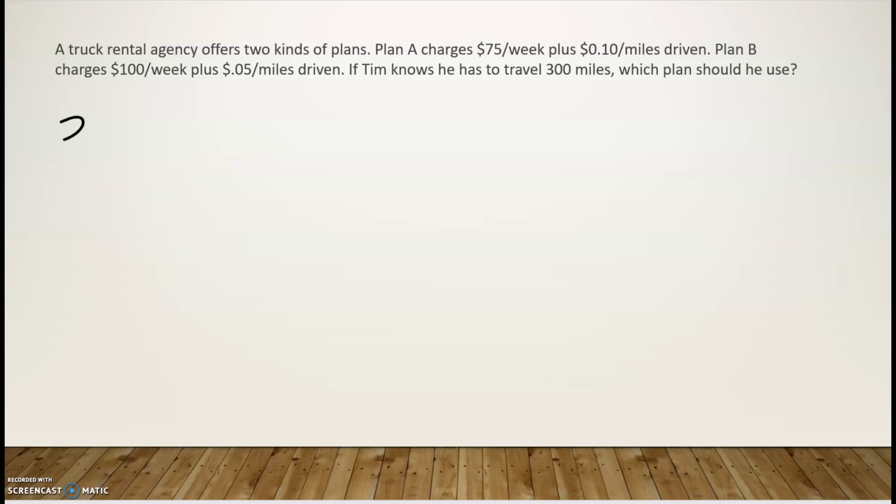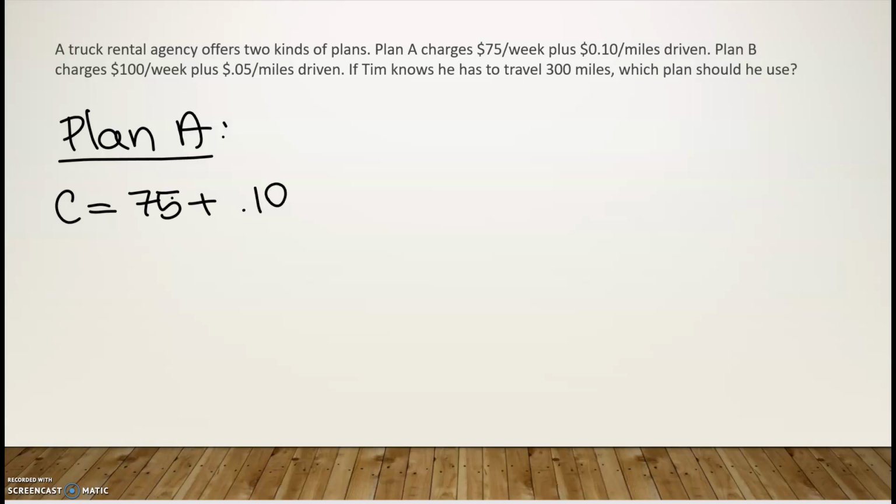Okay, so let's look at Plan A. We're going to say that cost is equal to 75 per week plus 10 cents per mile.